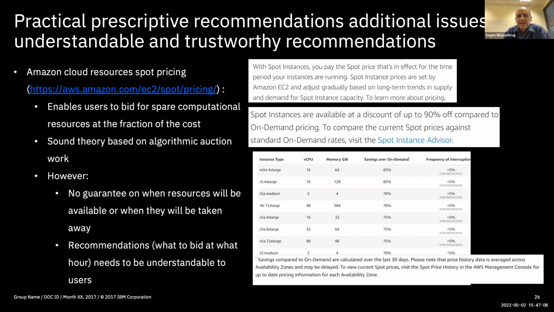So these are taken from the AWS website. There's a lot of effort that goes into clarifying to the users how much they should be bidding, simplifying the bidding process, and clarifying what the chance is that they get the resources.